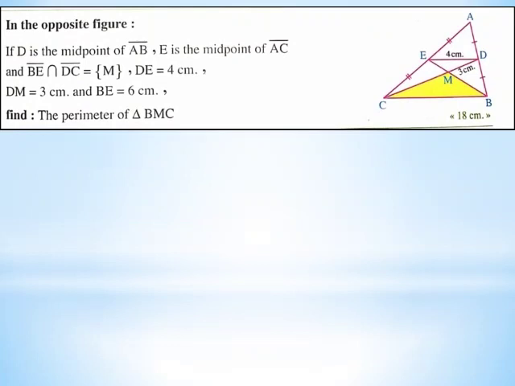Another problem. In this figure, D is a midpoint of AB. We said midpoint means the line is divided into two equal parts. AD equals DB.